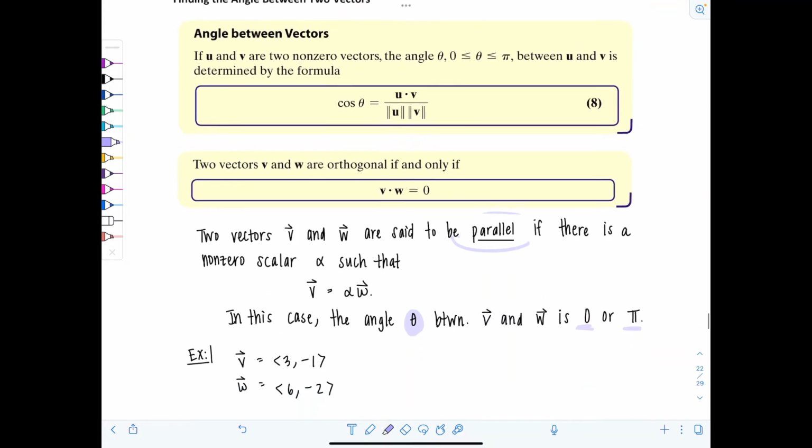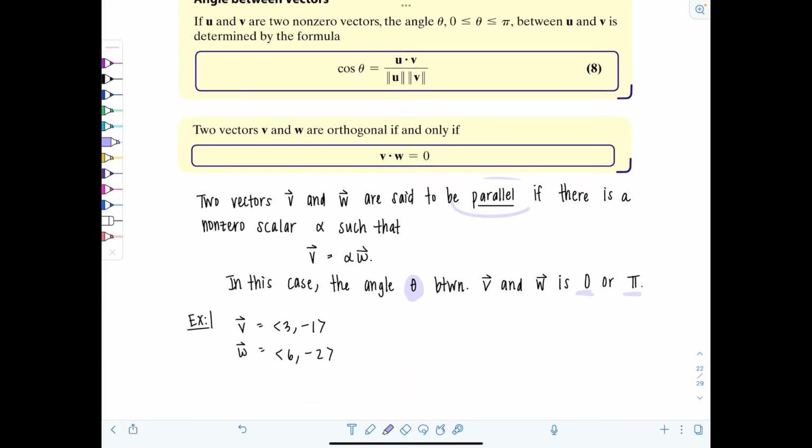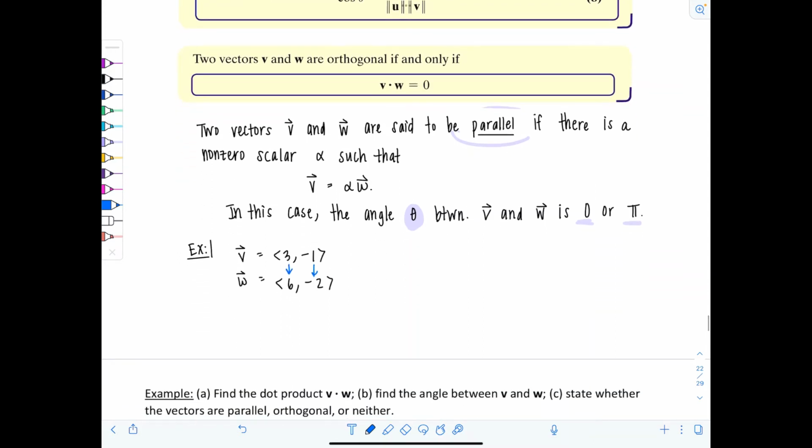So look here. If I have two vectors, v and w, v has components 3, -1, and w has components 6 and -2, it's pretty easy to see that if I just double the components of v, I end up with w, right? So we could write that 2v is equal to w.